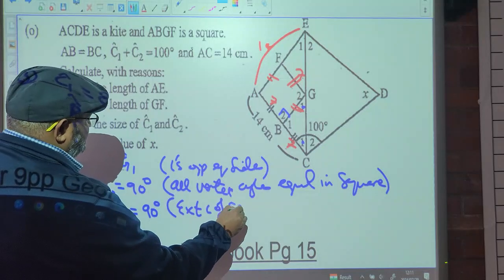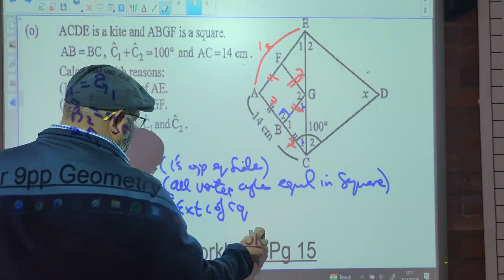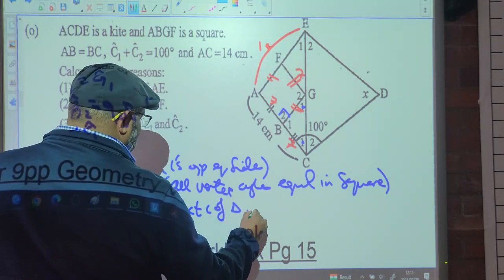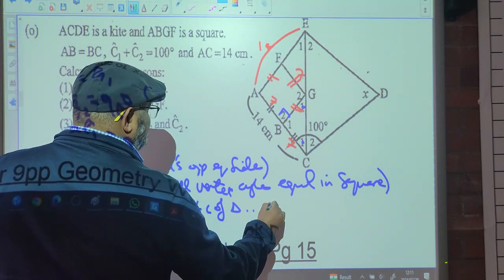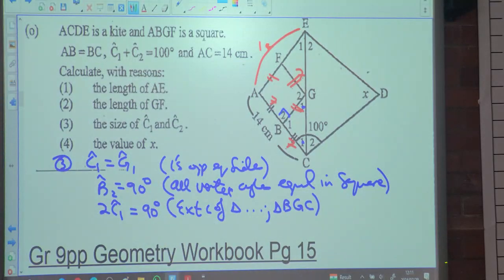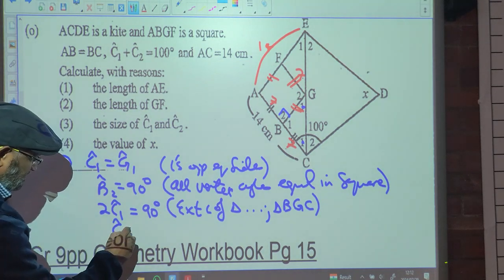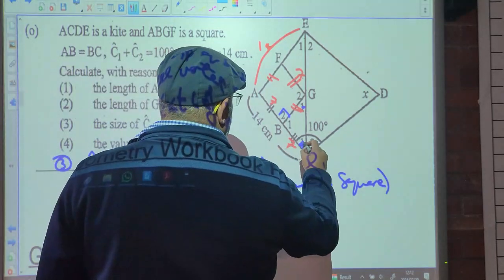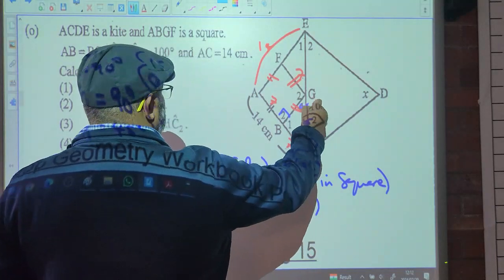Exterior angle of triangle BGC. Cyclic quad you're doing in grade 11, getting ahead of myself here. So I divide it by 2. So C1 is equal to 45. That is 45, and that's also 45.